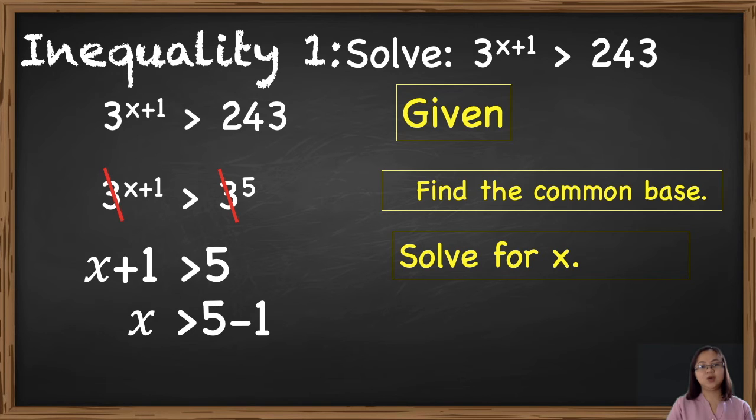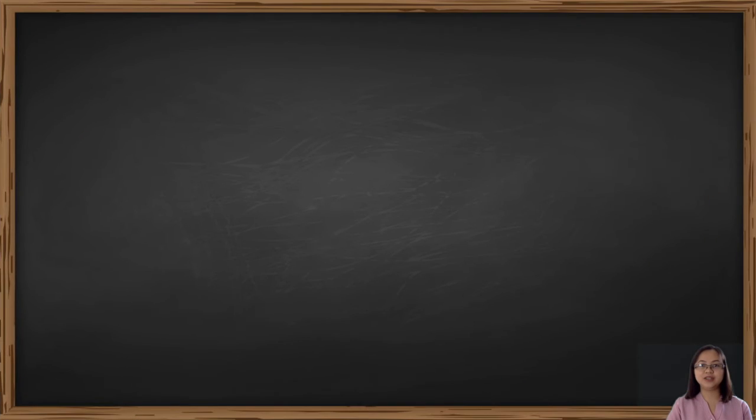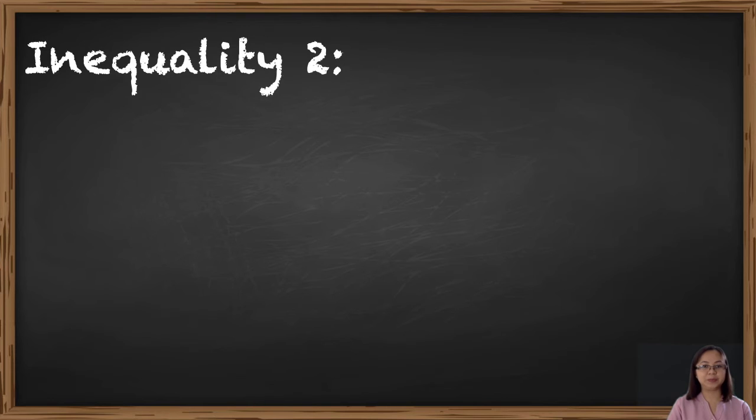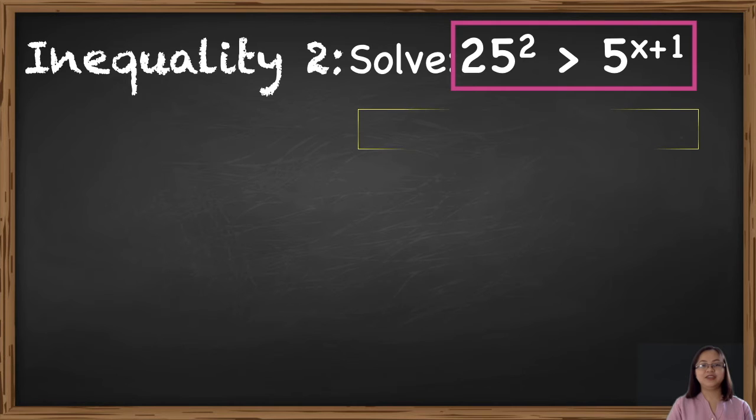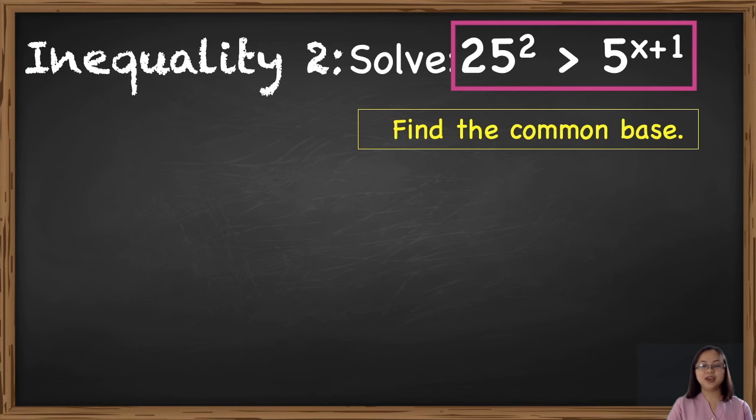Let's have the second inequality in a different form. Solve 25 squared greater than 5 to the quantity of x plus 1. So we have to find the common base. So we could write 5 squared for the 25 greater than 5 to the quantity of x plus 1.